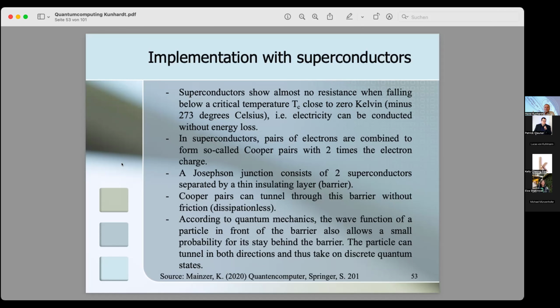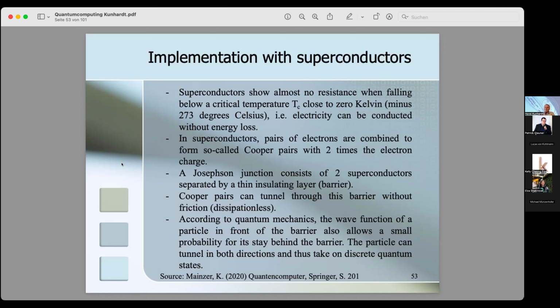So these tunneling effects work with that Josephson junction element. According to quantum mechanics, the wave function of the particle in front of the barrier allows the system to tunnel behind this very, very small barrier, some atoms thick, and the particle can tunnel in both directions.